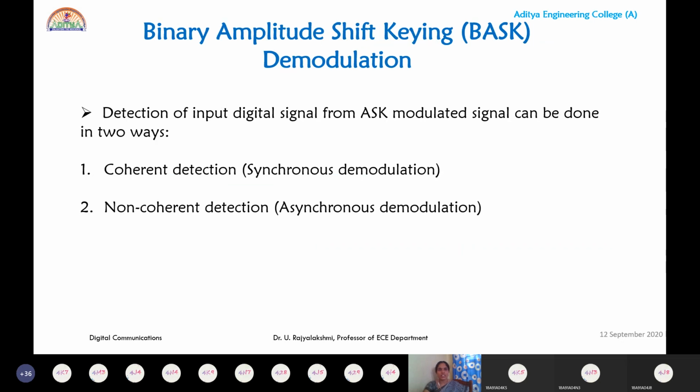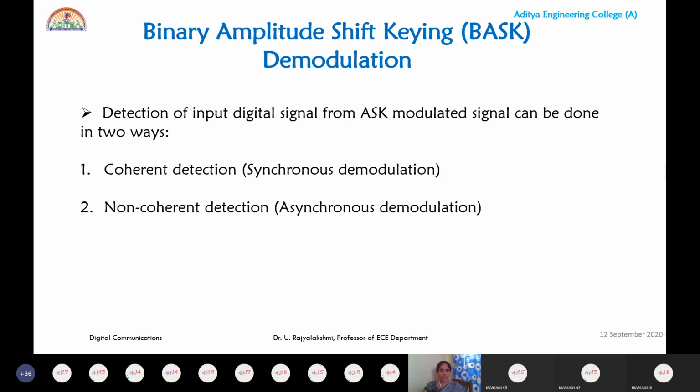In general we have two detection techniques: one is coherent detection and the second is non-coherent detection. For any digital communication technique, whether ASK, phase shift keying or frequency shift keying, we have two kinds of detection techniques.